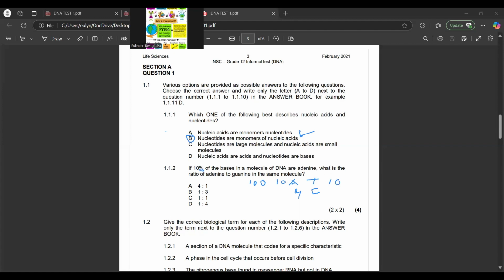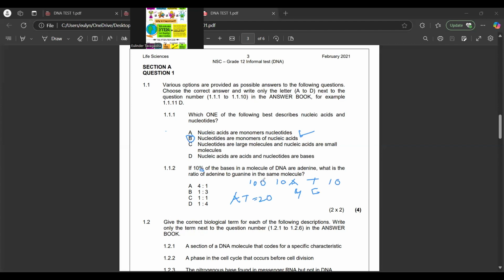If we add 10 plus 10, we have 20%. So A and T take 20%, which means we're left with G and C.